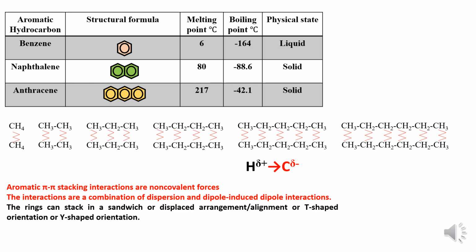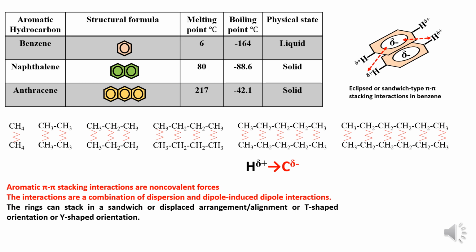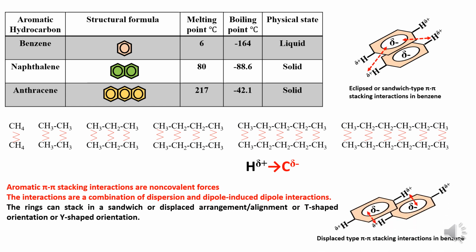So the rings can stack in three different ways. The rings can stack in a sandwich pattern, or in a displaced arrangement or displaced alignment pattern. And there are two other possible interactions between the aromatic rings. It could be T-shaped orientation or Y-shaped orientation.